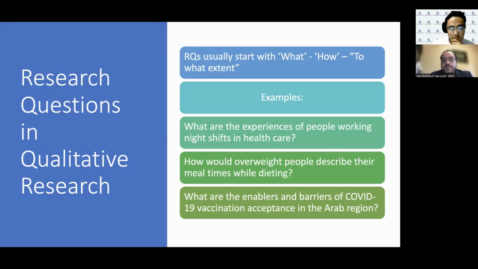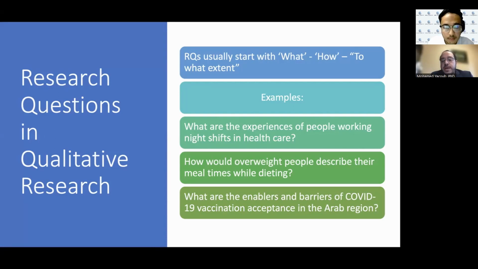Another example: how would overweight people describe their meal times while dieting? Now, this is again qualitative, because you're depending on them telling you their own experiences, their own stories. The last one is one that we actually did. I'm going to use it as an example later in this presentation.